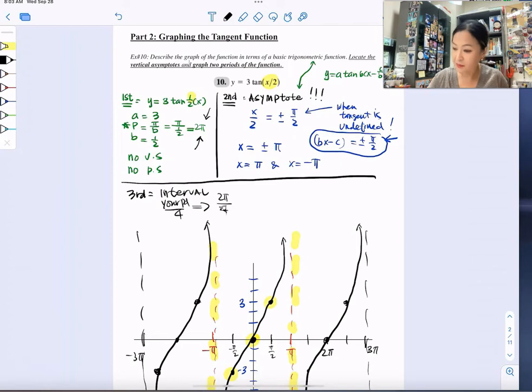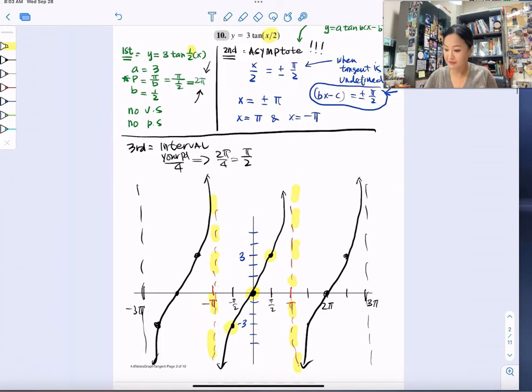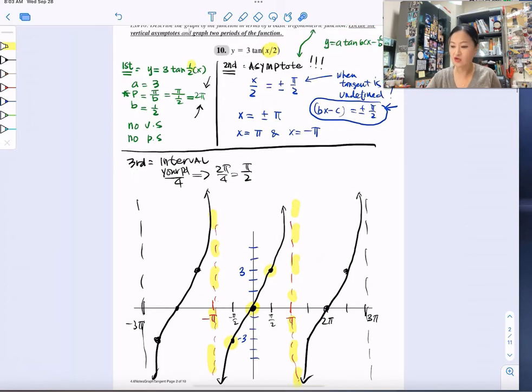So it happens every pi over 2. Every pi over 2, this happens. Yeah, it's pretty easy. Okay? But honestly, this is all just extra, because I think for a tangent graph, you don't really need all that. But the 4th step is super important.